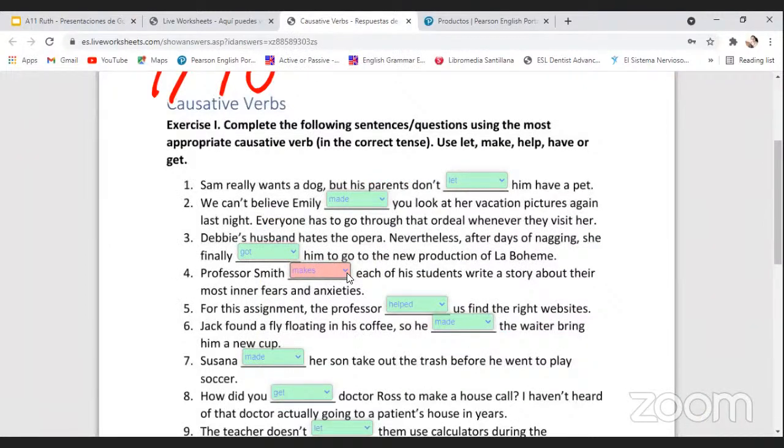Then the kids wanted to write a story about his fears. No, their fears and anxieties. Yes, maybe it was like a value or maybe it was like a psychology subject. So Professor Smith has each of his students write a story about their most inner fears and anxieties.